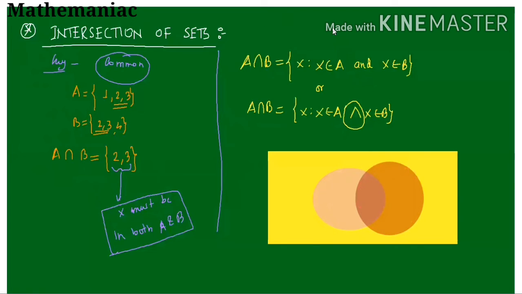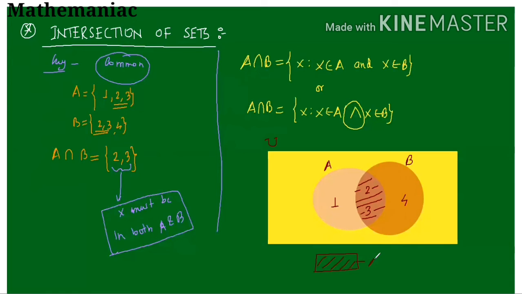Now if I write the elements, 2, 3, 1 will be here, 4 will be here. This is set A, this is set B. The universal set must be denoted, and this particular part, if I shade it, is known as the intersection, right? So below you can write an index by making a shading.